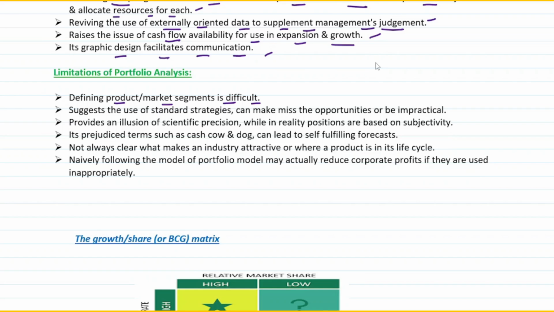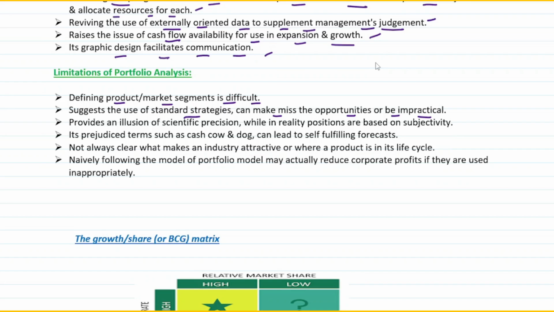Fine. Then, the suggested use of standard strategies can miss the opportunities or be impractical. That means you're very redundant. That means you're using the same kind of strategy again and again in every given situation. What that can do is make you miss the opportunities that are available in the market, or it can be a pretty impractical thing also.